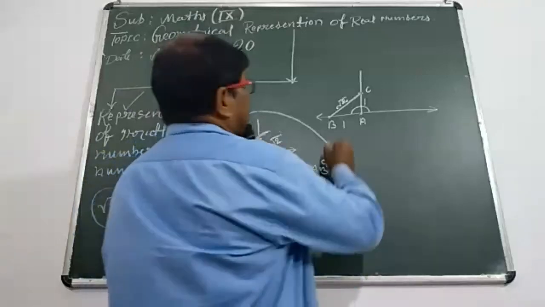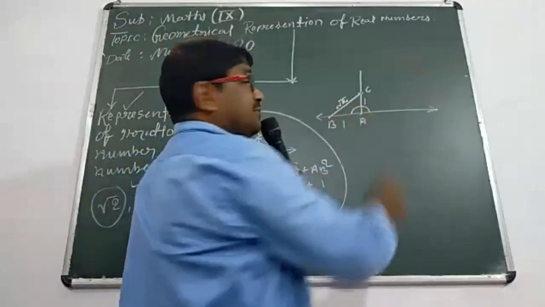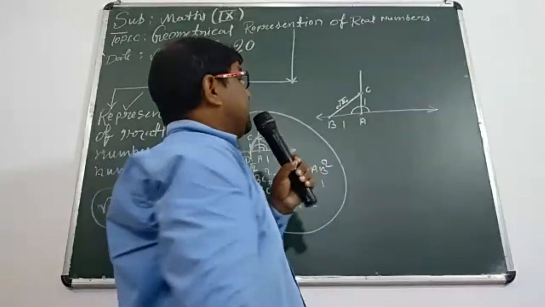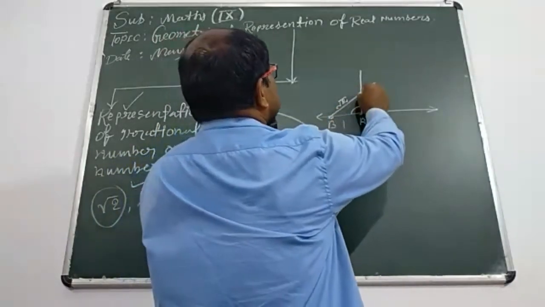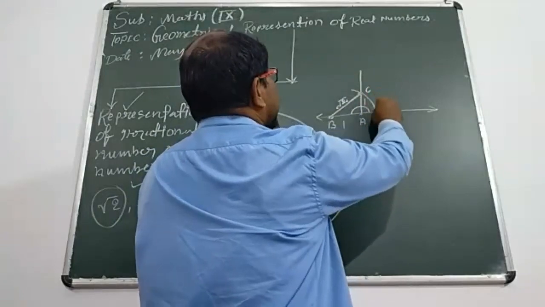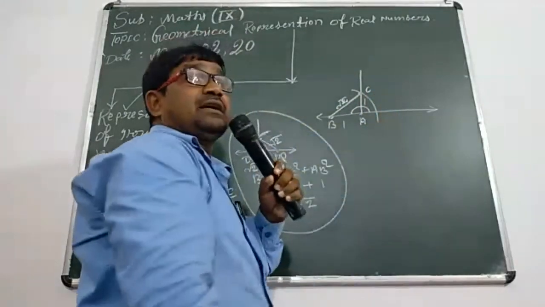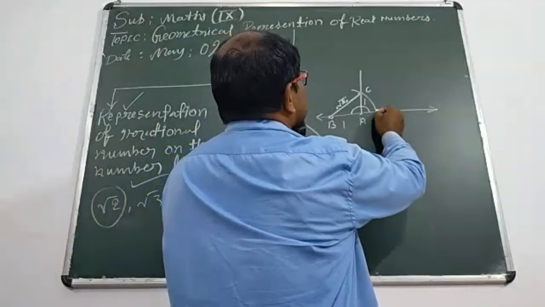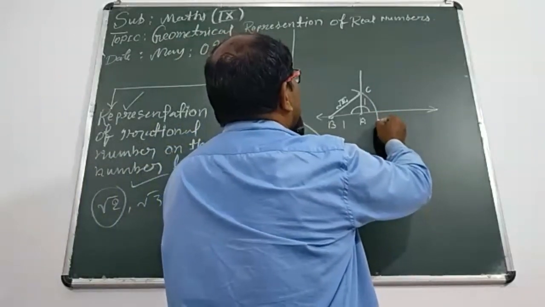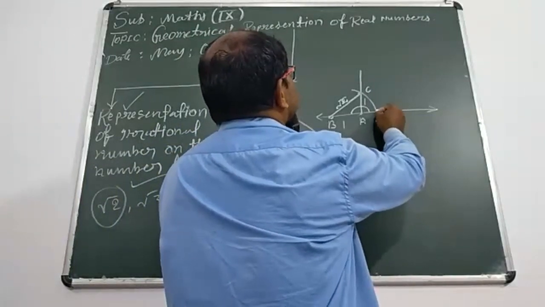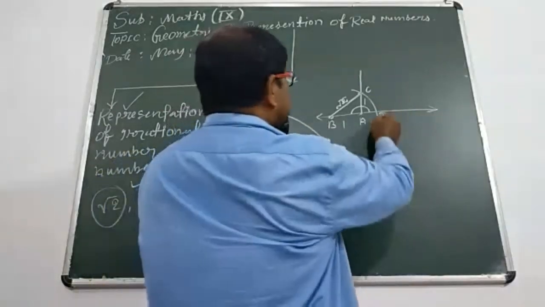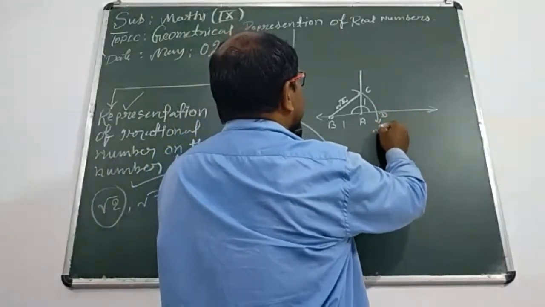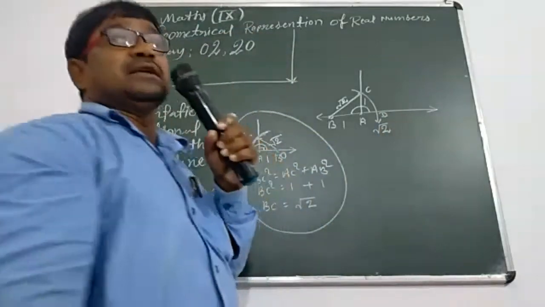Now, from center B and radius BC, after drawing a circular arc that will intersect the line at a point, suppose that this point is D, so this point will represent under root 2 on the number line.